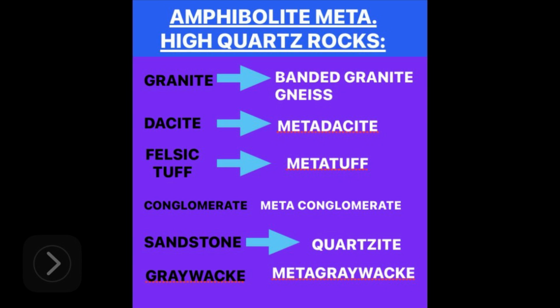With all the other igneous and sedimentary rocks in this list, because of their high quartz content, Amphibolite metamorphism can't do much. It changes them some, but you can still see their original textures, so we just add meta in front of their names, as in metadacite, metaconglomerate, etc.